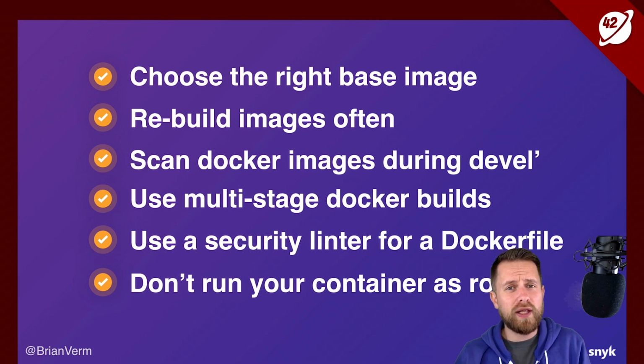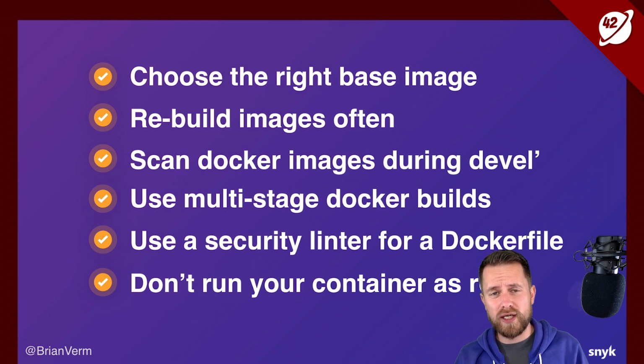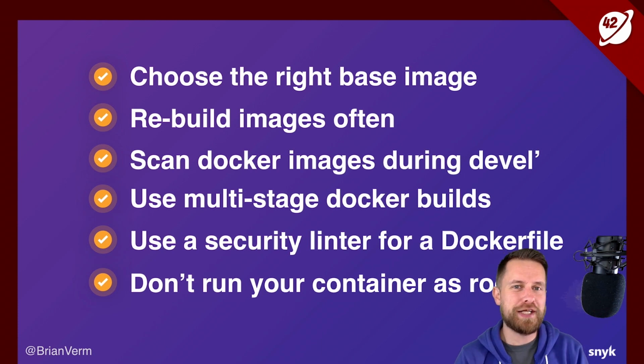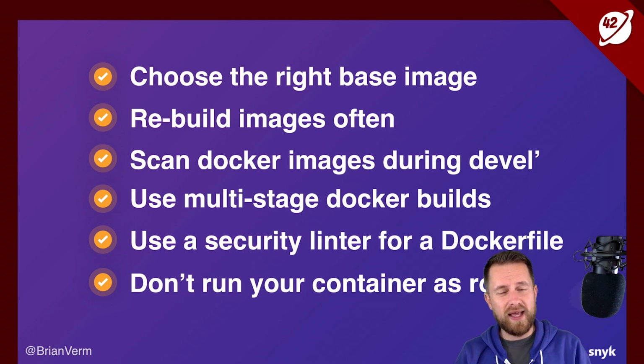A tool like Hadolint that I showed you is a very nice small tool that you can add to your toolset to scan your Dockerfile and prevent silly mistakes. And last but not least, make sure that you do not run your Docker container as root. By default, this is the case, so create a user, or if the container you base your image on already has a specific user, make sure you actually use it, but don't run it as root.